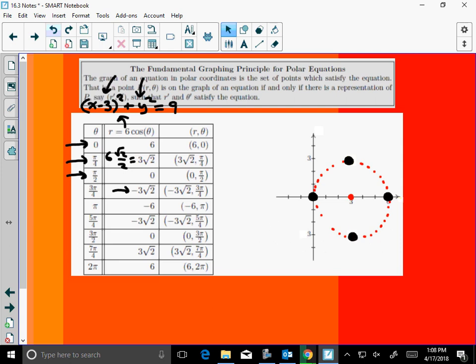I'm forming the circle. Because this is a little bit over 5. All right, that's the radius.